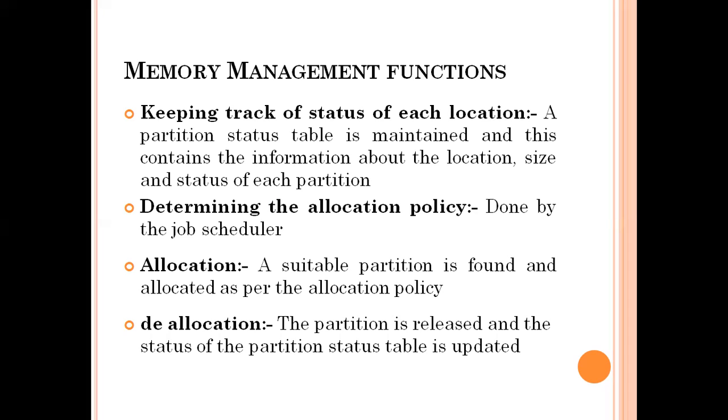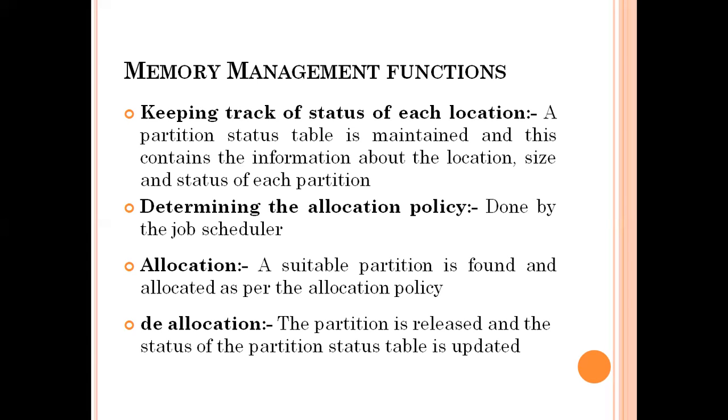That means deciding which partition should be allocated for each job is decided by the job scheduler. Allocation: once a job request comes, the operating system searches all the partitions, identifies the most suitable partition for a particular job, and allocates that partition to that job.